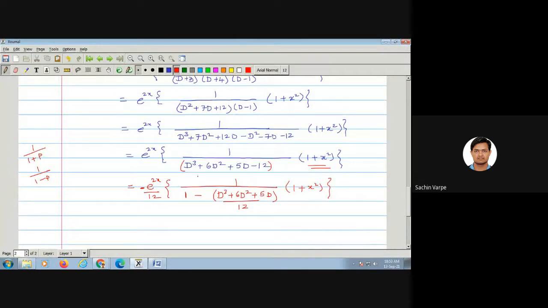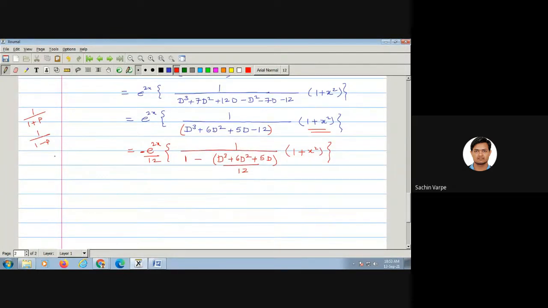So this is now of the form 1 upon 1 minus p, and we know the expansion of 1 upon 1 minus p: it is 1 plus p plus p square and so on. So let us now expand.